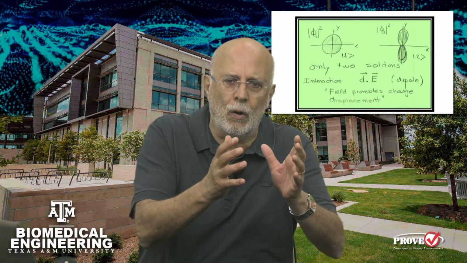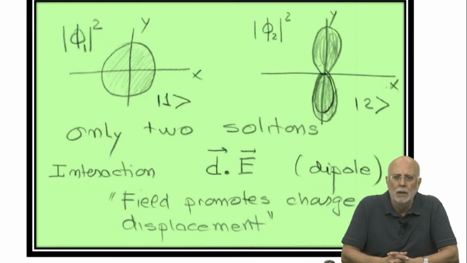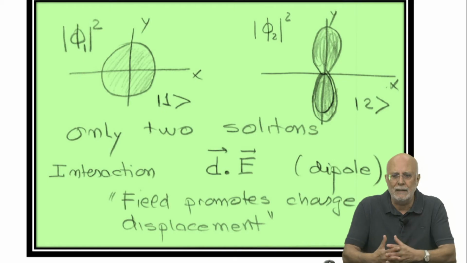Okay, now we're going to consider two, and let's get the first two orbitals. We know the s orbital and the p orbital. And now we're going to interact with light.